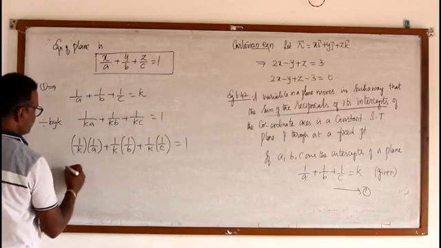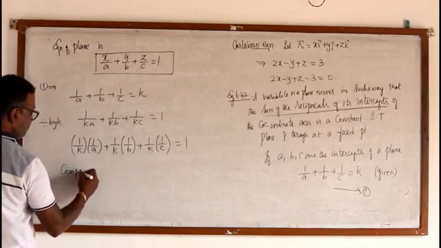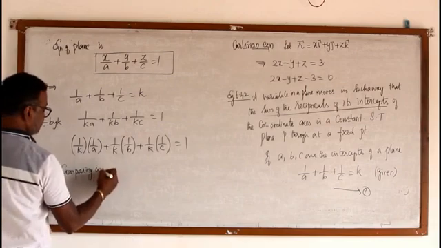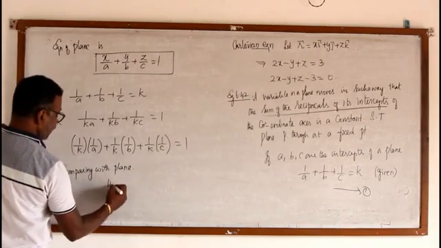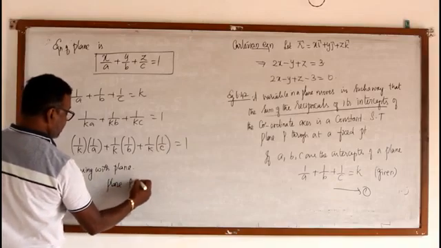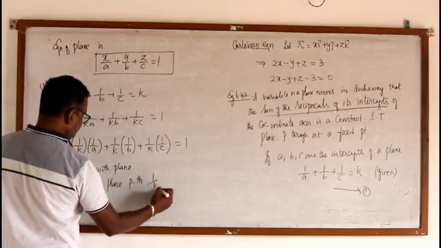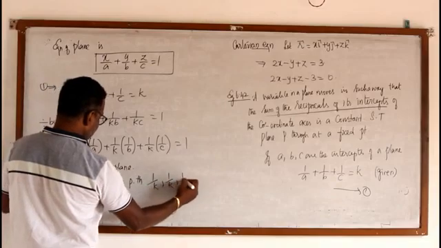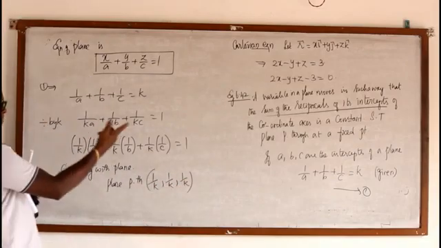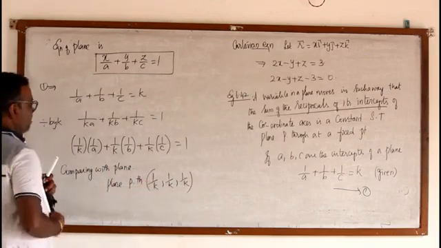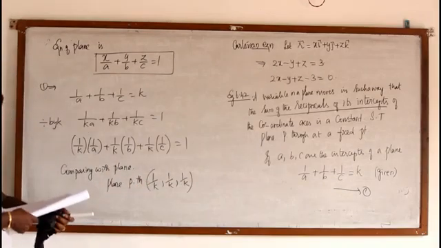Then, comparing with the plane, the plane passes through 1 by k, 1 by k, 1 by k. That means the plane passes through a fixed point (1/k, 1/k, 1/k).